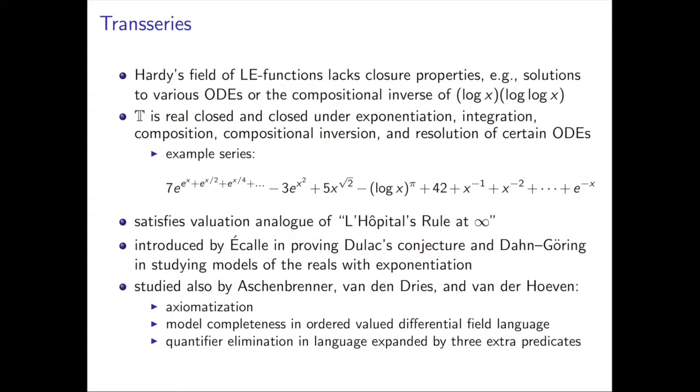And then Matthias Aschenbrenner, Lou van den Dries, and Joris van der Hoeven more recently gave an axiomatization of this field. They show that it was model complete in the language of ordered valued differential fields. It doesn't have quantifier elimination in that language, but when you add 3 extra predicates for certain cuts in the field, you get quantifier elimination.